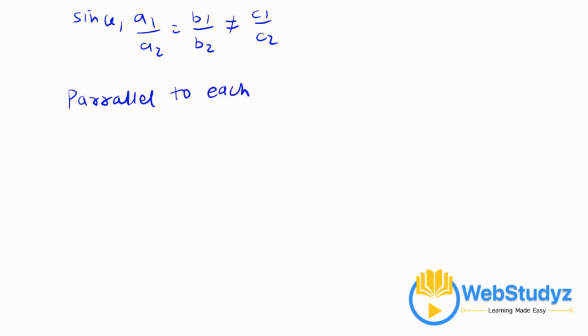Since a1 by a2 equals b1 by b2 is not equal to c1 by c2, we can say the pair of given equations are parallel to each other, and the lines never intersect each other.